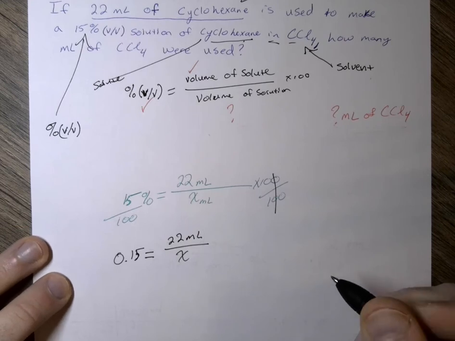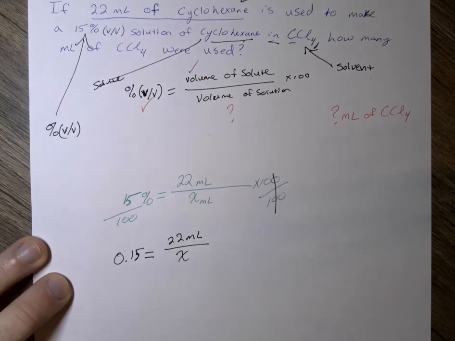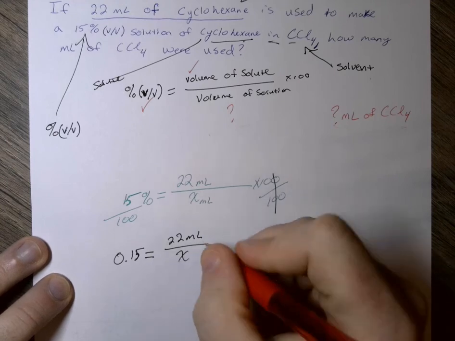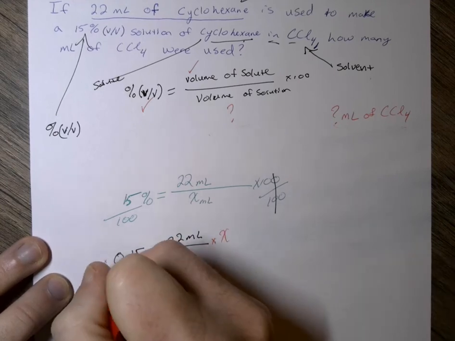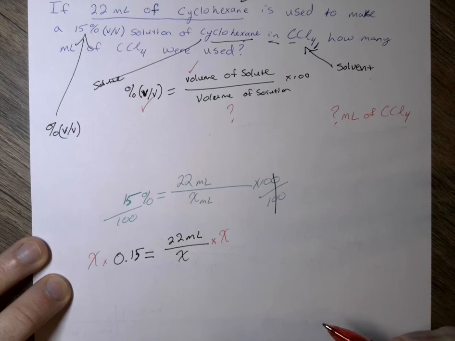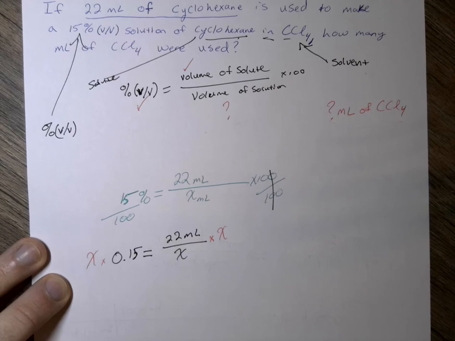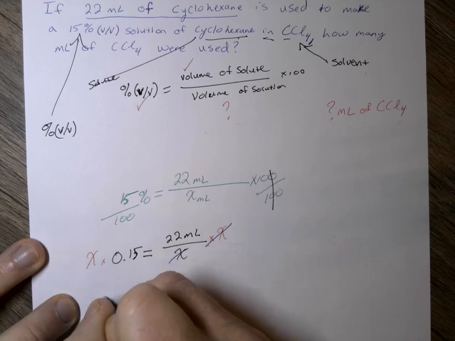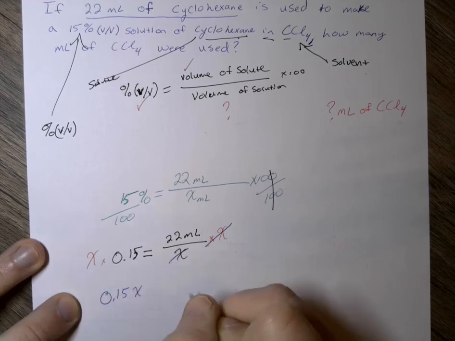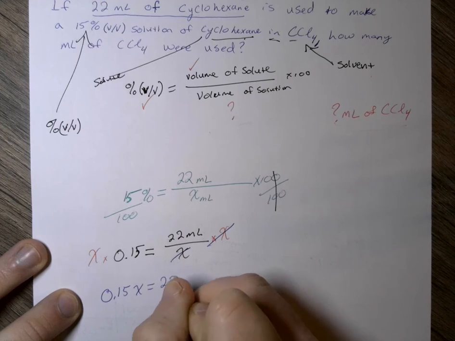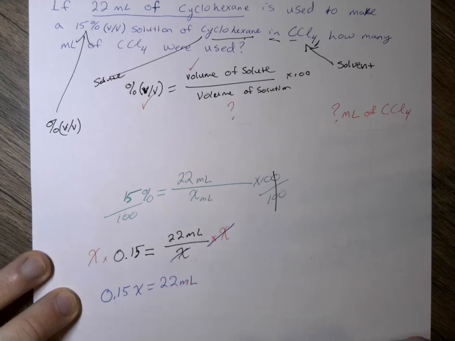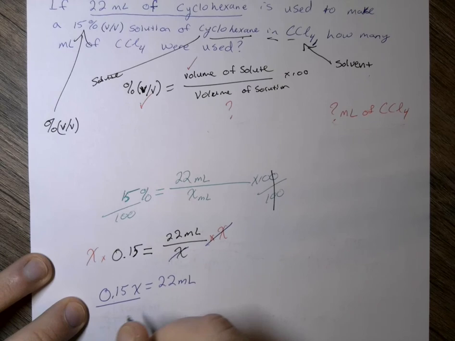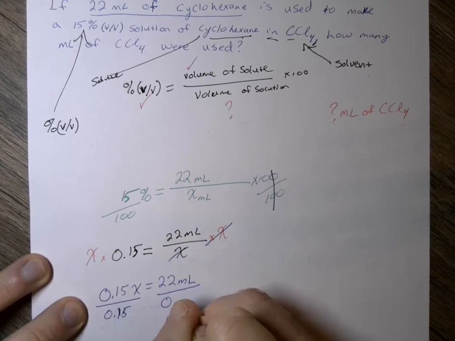Now I need to solve for x, so I'm going to now take x and multiply both sides by x. The reason I do this is so that my x is in the numerator. So I now have canceled out x on the right side, and I have 0.15x equals 22 milliliters. So now I'm going to take my 0.15 and cancel that out on the left and divide by 0.15 on the right.